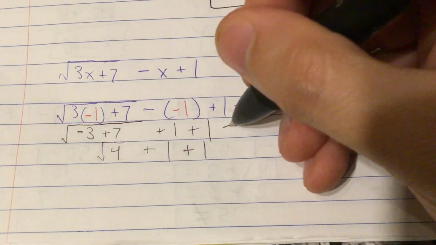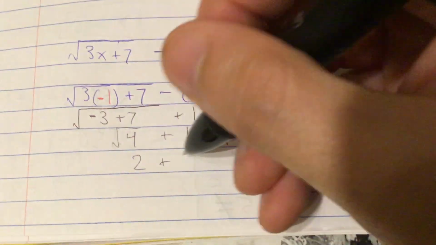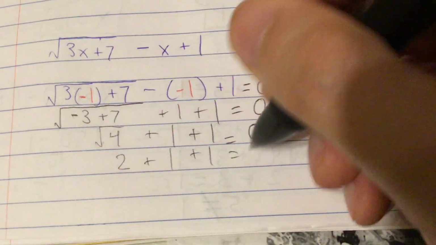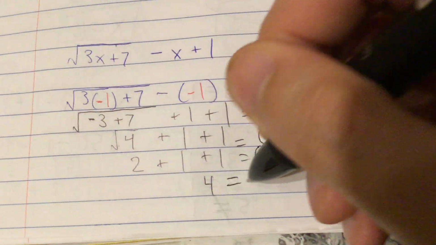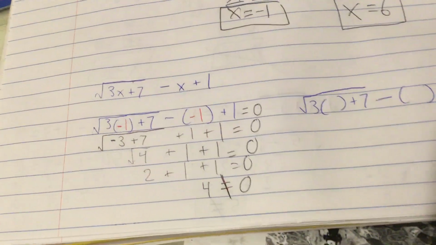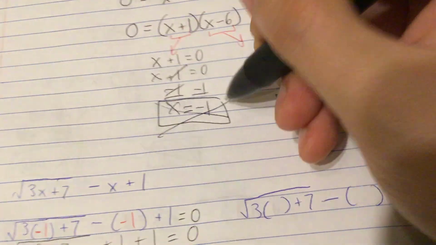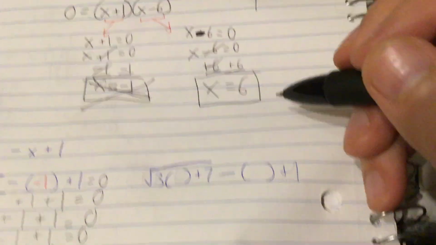Remember, the whole thing is equal to 0. So now I've got 2 plus 1 plus 1 is equal to 0. 4 equals 0? I don't think so. So what does this tell me? X equals -1 is a bogus solution.